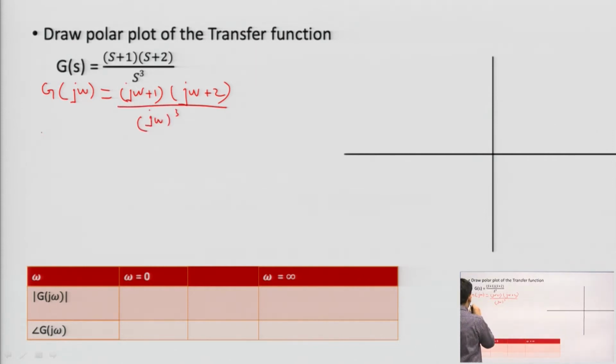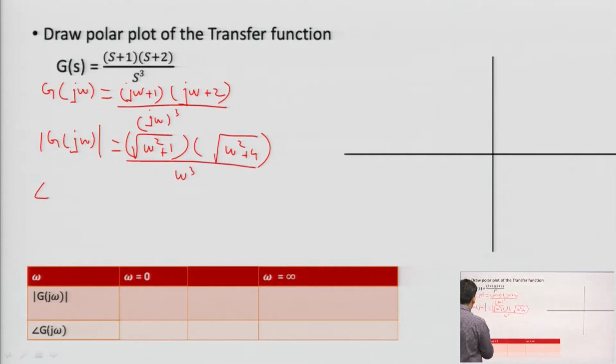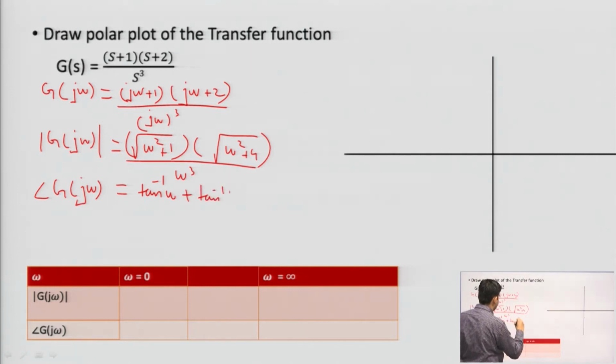Now, the mod of this G(j omega) is under root of omega square plus 1 multiplied by under root of omega square plus 4, divided by omega cube, and the phase of G(j omega) is given by tan inverse of omega, plus tan inverse of omega by 2, then minus the phase of (j omega) cube.